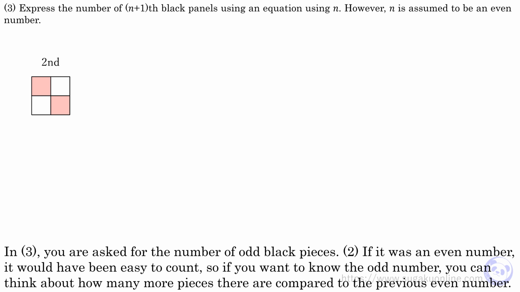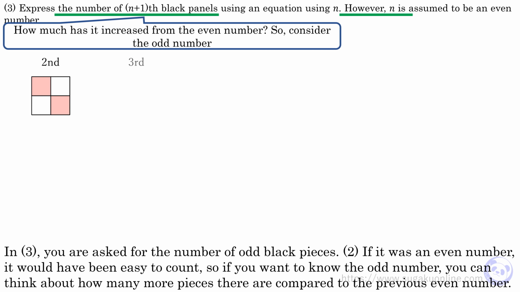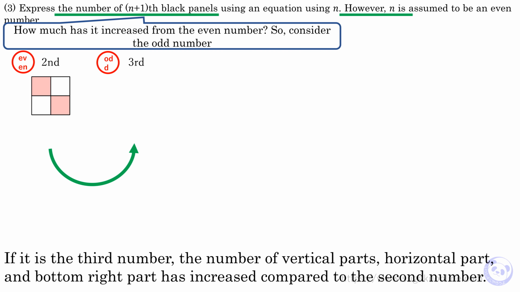In 3, you are asked for the number of odd black pieces. If it was an even number, it would have been easy to count, so if you want to know the odd number, you can think about how many more pieces there are compared to the previous even number. If it is the third number, the vertical part, horizontal part, and bottom right part have increased compared to the second number.